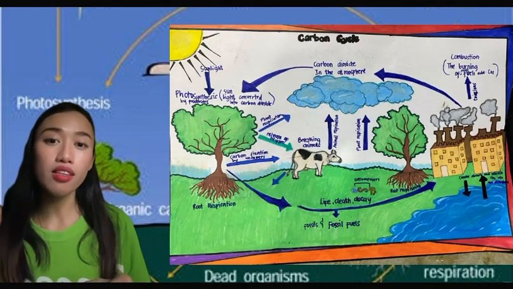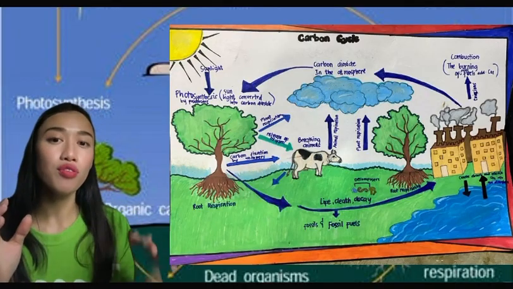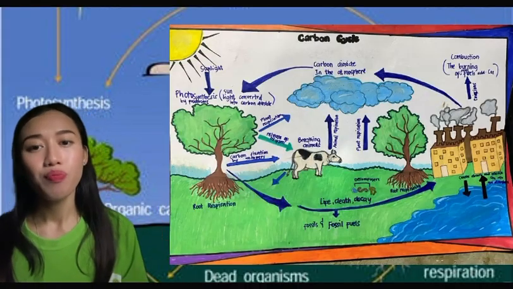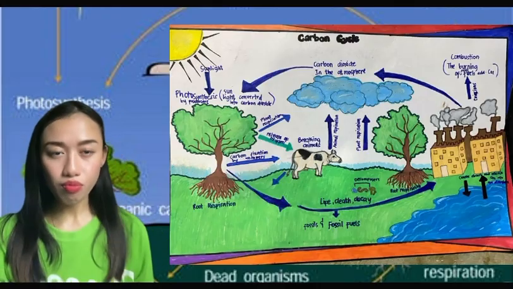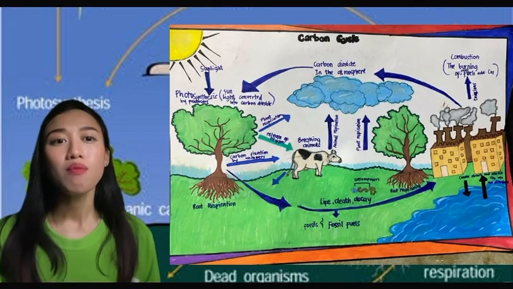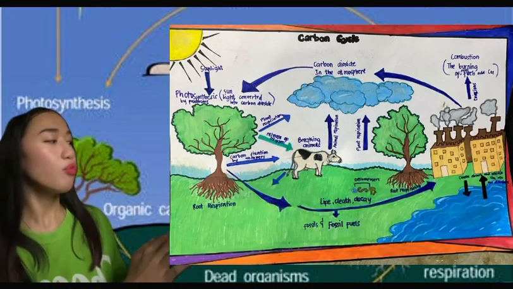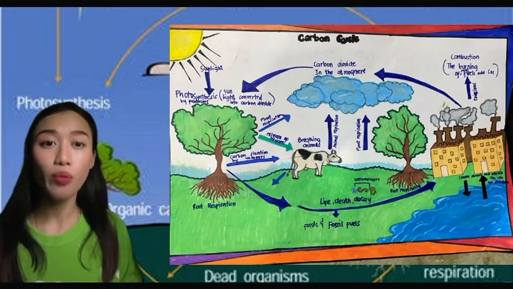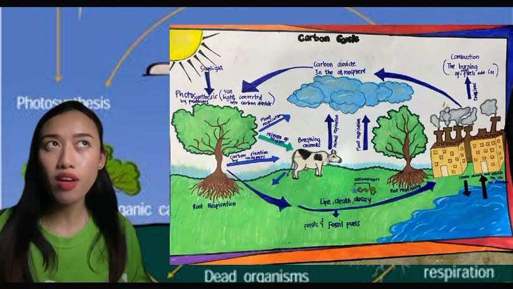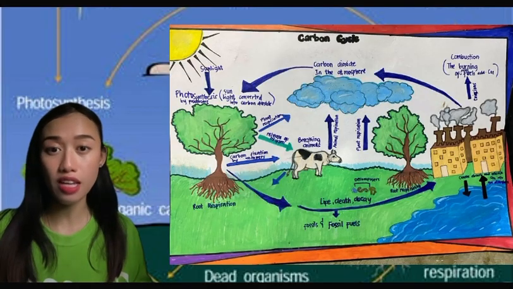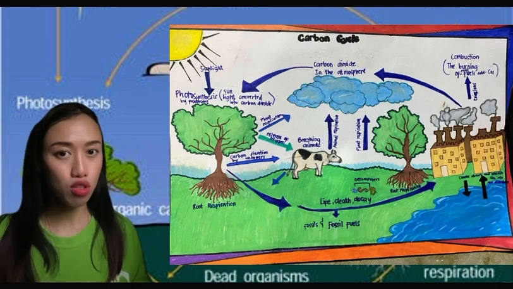The animals breathe the oxygen, and then they give off carbon dioxide back to the plants. In the illustration, we also have plant respiration, which means that the plants also release carbon dioxide back into the atmosphere.